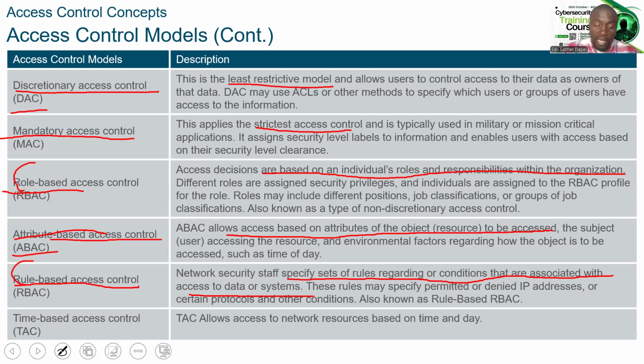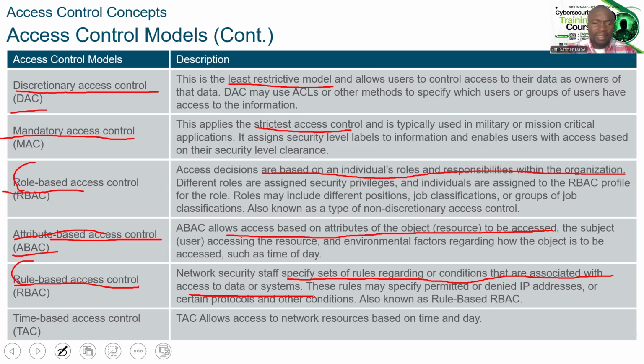Or in an organization, you could say staff that are in marketing, their IP address or their systems will not be able to access resources that are in accounting. Those in accounting cannot access files that are in human resource. All right. Human resource cannot access files that are in production.